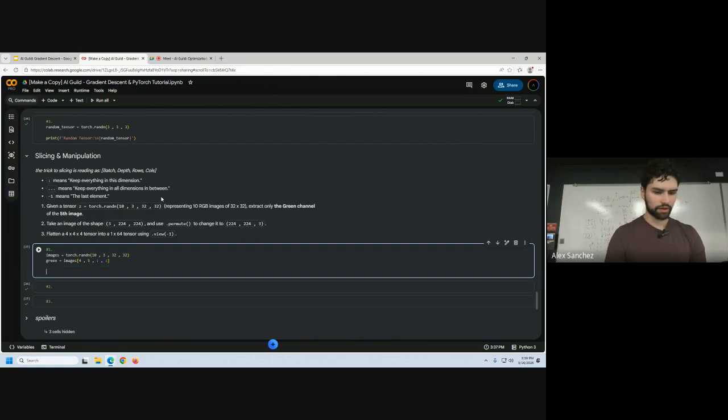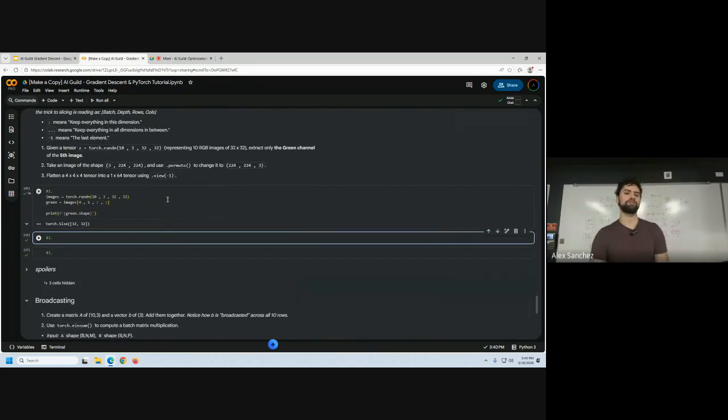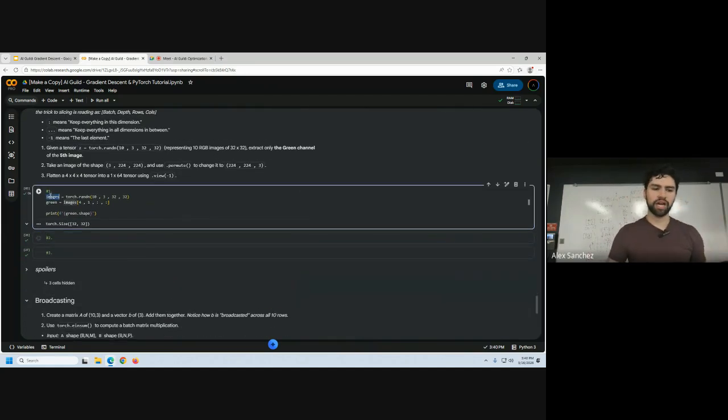To verify that, we can just put the shape of green. It should return a 32 by 32 tensor. So here, from this batch of images, we are grabbing a specific channel of a specific image while maintaining the height and the width.